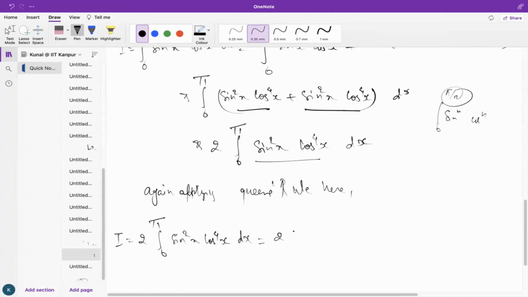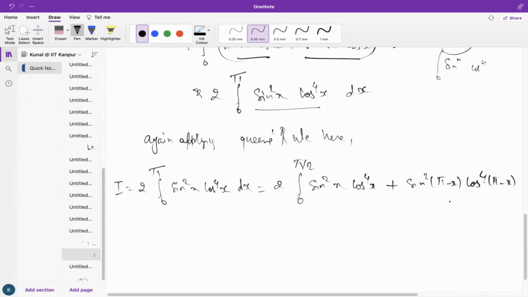We can write this as the integral from 0 to pi by 2 of f(x), and then I have to write plus f(2a minus x). Here 2a value is pi, so it will be sine square (pi minus x) and cos to the power 4 (pi minus x). We know that cos of pi minus x is negative, but the power is even, so it again becomes positive, right?